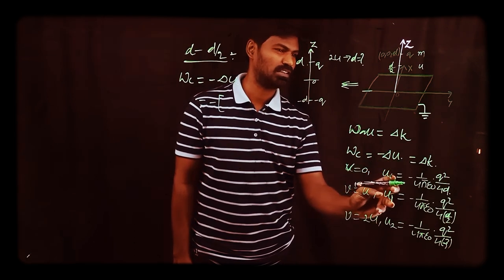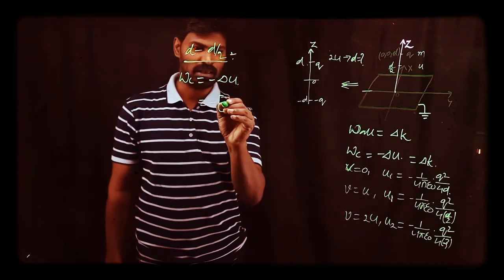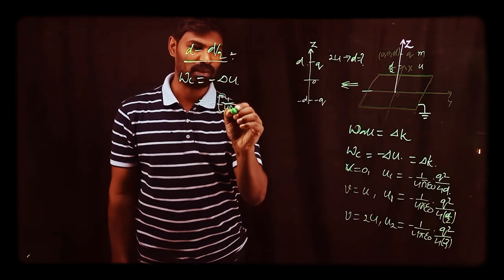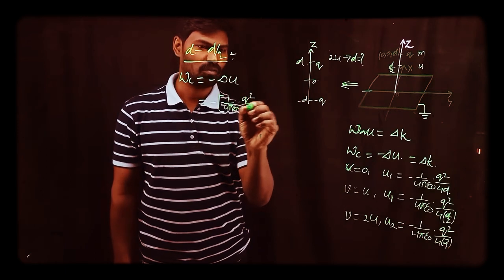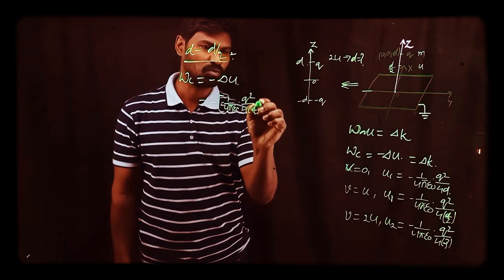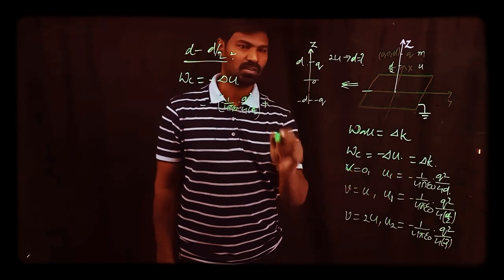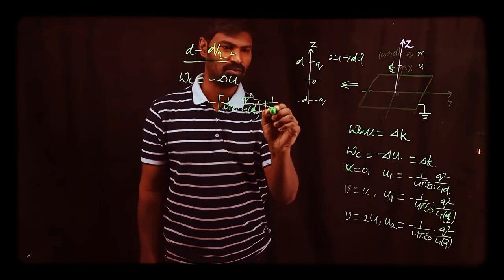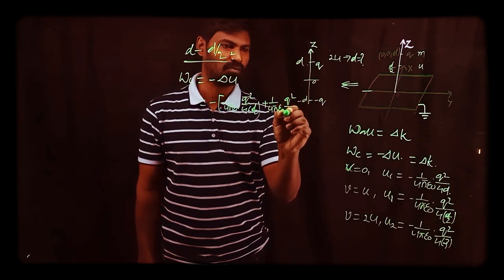The initial potential energy is Ui and the final potential energy for this interval is U1. So Uf is minus 1 divided by 4 pi epsilon naught into q square divided by 4 into d by 2, minus, and since Ui is minus, plus 1 by 4 pi epsilon naught into q square divided by 4d.